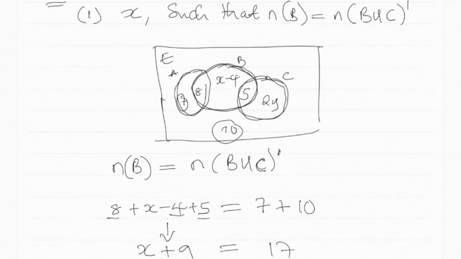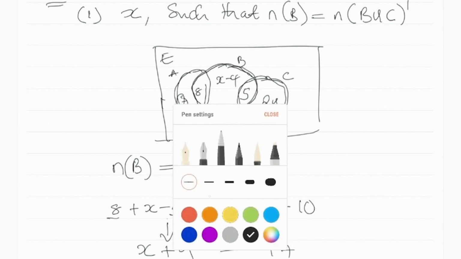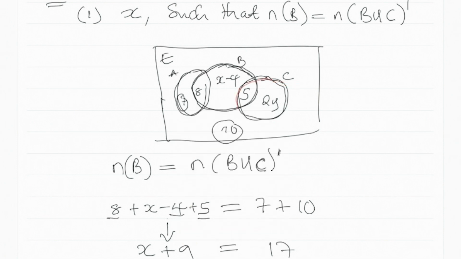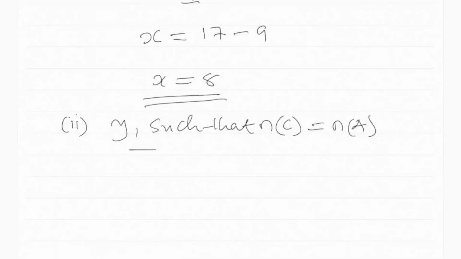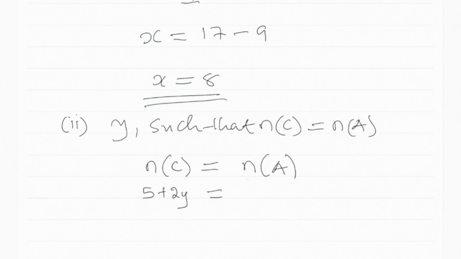When we get back to the diagram here, you're able to see that what we are interested in is the number of elements in C. We equate it to the number of elements in set A. When you look at the number of elements in set C, we say n(C) equals n(A). And the number of elements in C is 5 plus 2y, as you can see in the diagram.